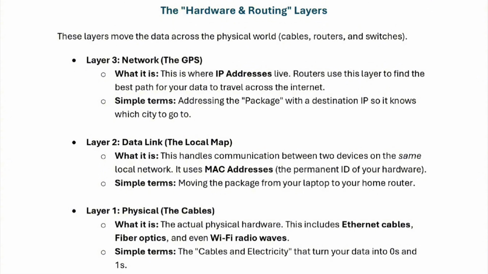It is assigned the session and presentation layers, where encryption and session happen, and then the application layer, where you actually see the interface of the data that traveled across the cables and all the layers in between.